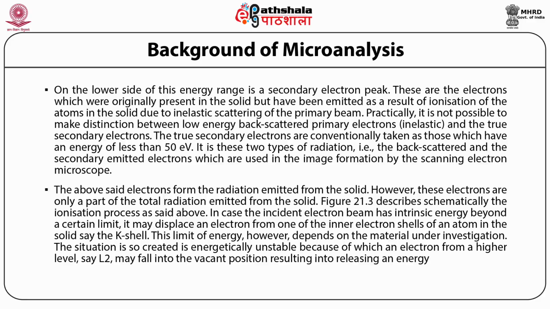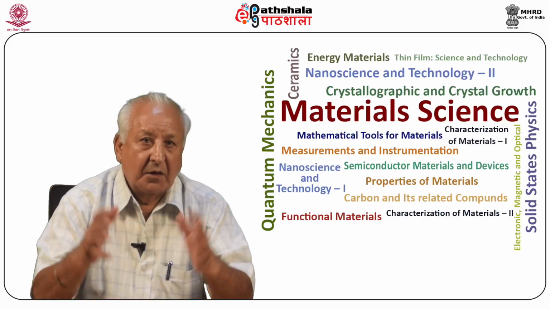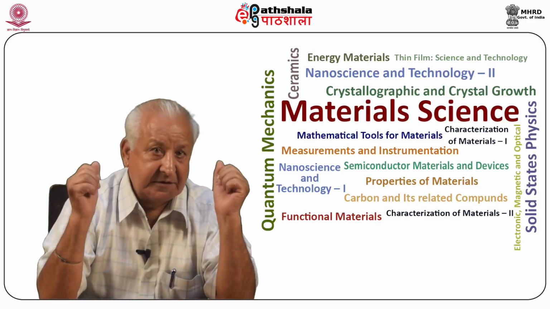This limit of energy, however, depends on the material under investigation. The situation so created is energetically unstable, because of which an electron from a higher level, say L2, may fall into the vacant position, resulting into releasing an energy delta E equal to EK minus EL2, which could appear in the following ways.